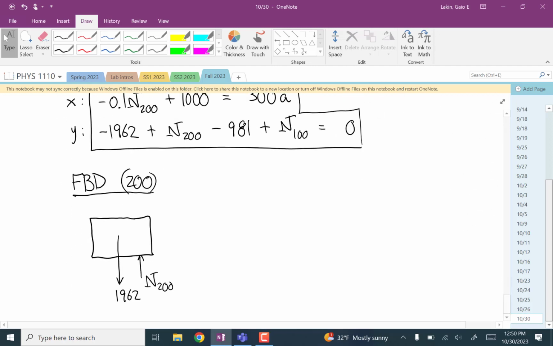The pulling force from the other thing, so that's this way and has a value T. And then the last one is the friction force that's opposite the direction of motion, and it's equal to 0.1 times that N200.